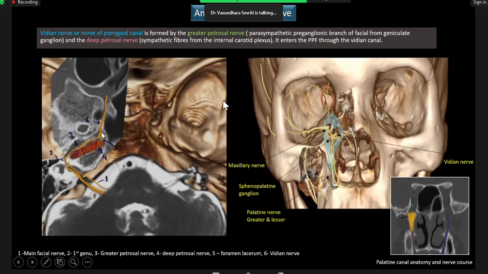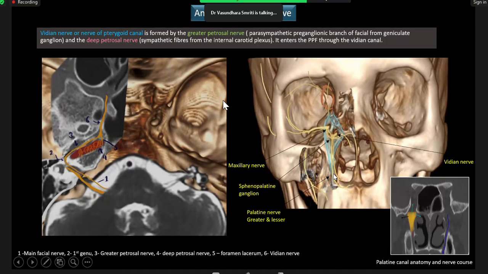These two unite together in the foramen lacerum to form the Vidian nerve, which travels into the Vidian canal, comes out through the Vidian foramen, enters into the pterygopalatine fossa, and travels inferiorly along the palatine canal to supply the palate.